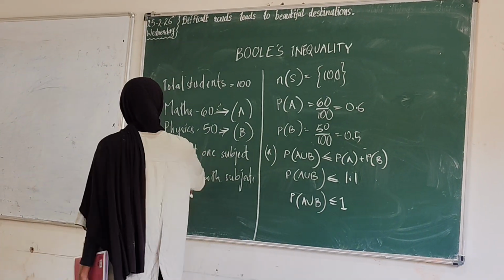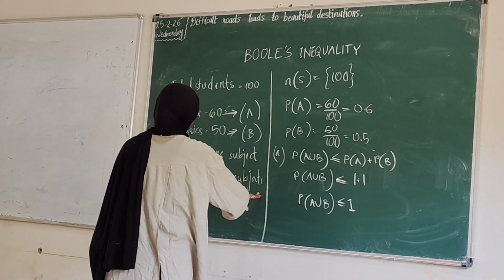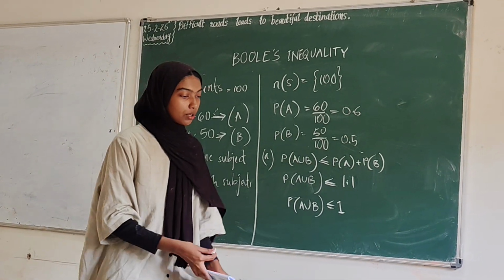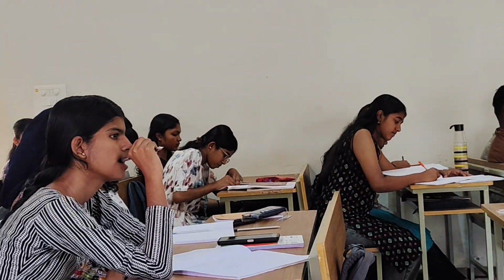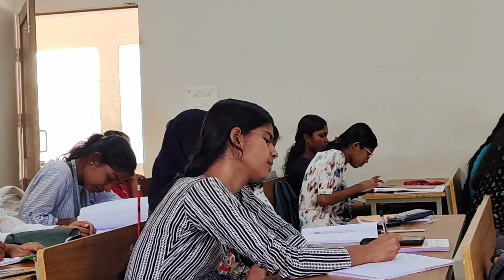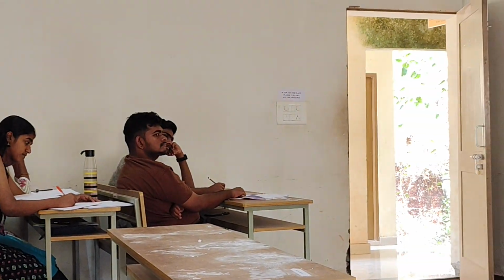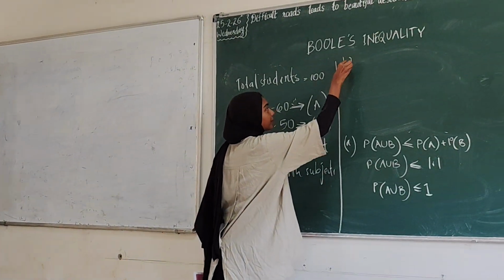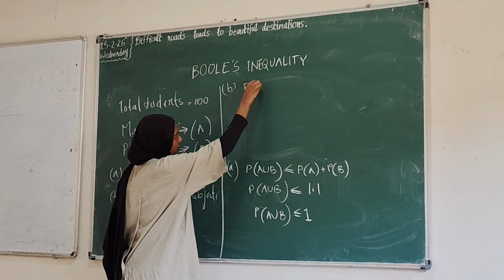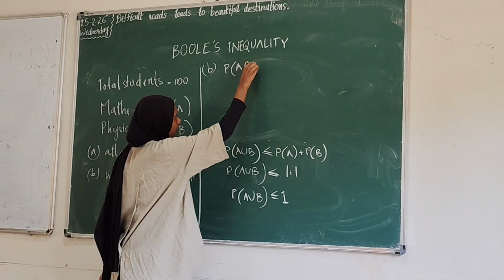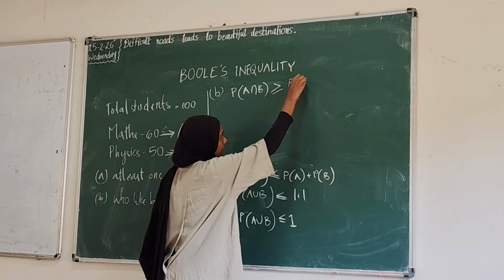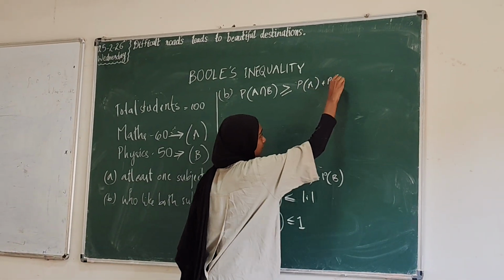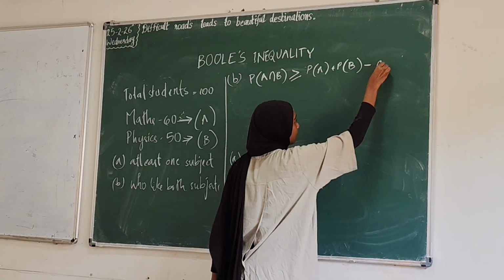So the next question is those who like both subjects. For that we are using the second inequality, that is P of A intersection B is greater than or equal to P of A plus P of B minus (n minus 1).